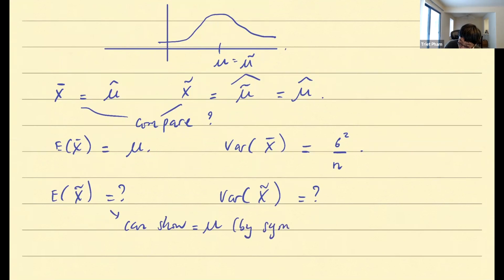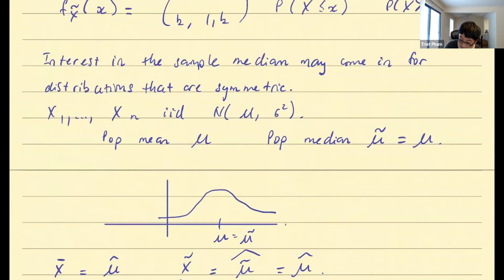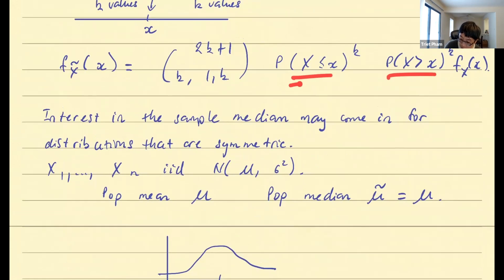I'll either leave it as a quiz or ask you to just think about it. This question can be done when you have symmetry of the distribution. You can argue it out: you observe something nice about this integral and you deal with it.